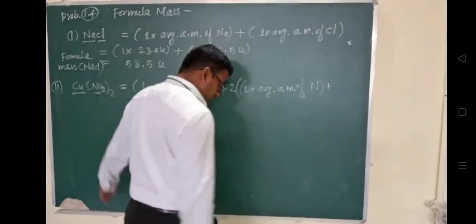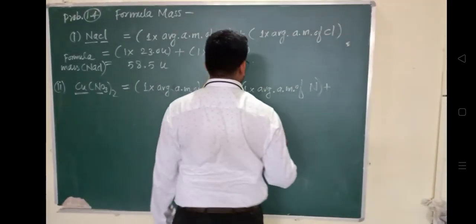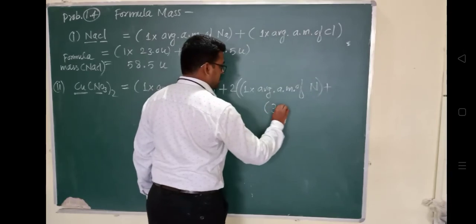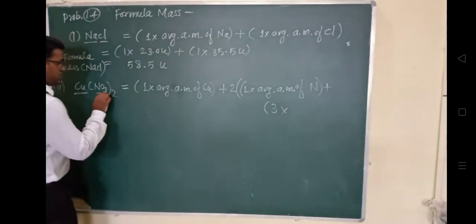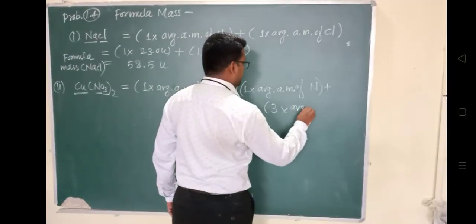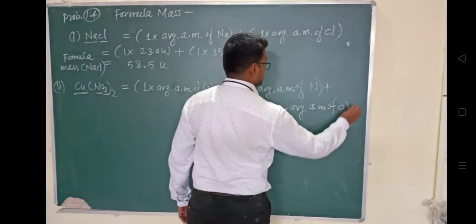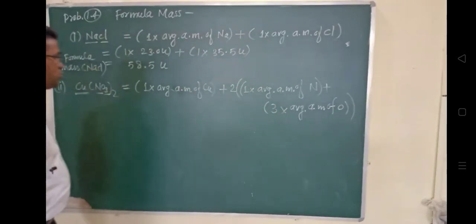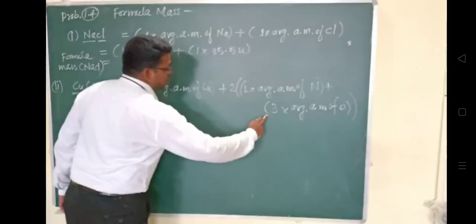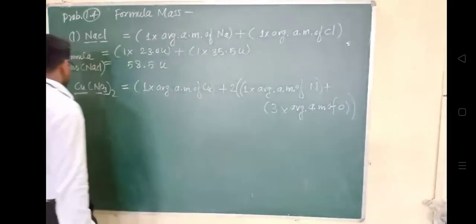Plus, now look at oxygen. 3 atoms of oxygen are present, so 3 multiplied by the average atomic mass of oxygen. In this way the bracket is completed: 3 oxygen atoms and 1 nitrogen atom.